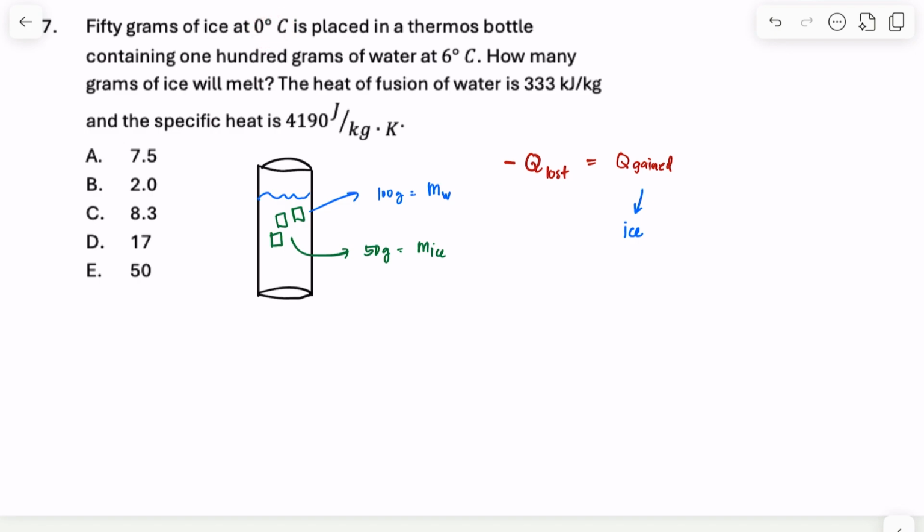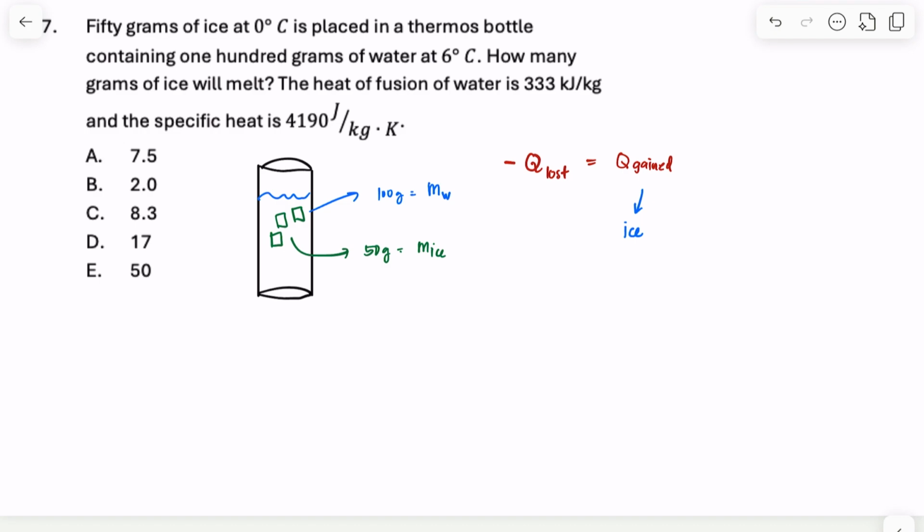That means to say, the ice will gain the heat of the water, but it does not need to change its temp for it to phase change because it is already at 0 degrees. So that means the entire heat energy lost by the water, which is gained by the ice, will be automatically used by the ice for phase change.